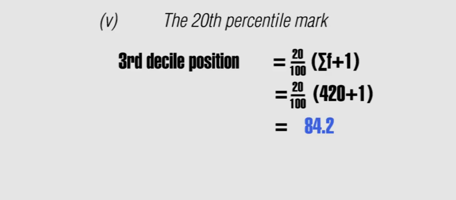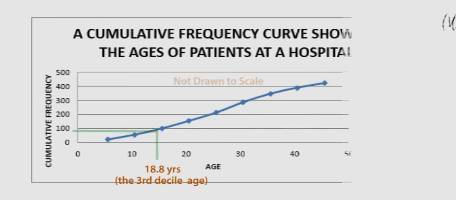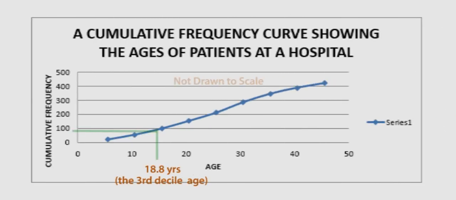So you trace that position on the vertical axis, then draw a horizontal line, and where the line intersects the curve, you extrapolate it down to the horizontal axis. You read that particular mark over there. When you do this, this will give you 18.8. But we are talking about years, so you need to add years to it to obtain your final answer. That's how the 20th percentile is calculated. It means our 20th percentile in this case is going to be 18.8 years.